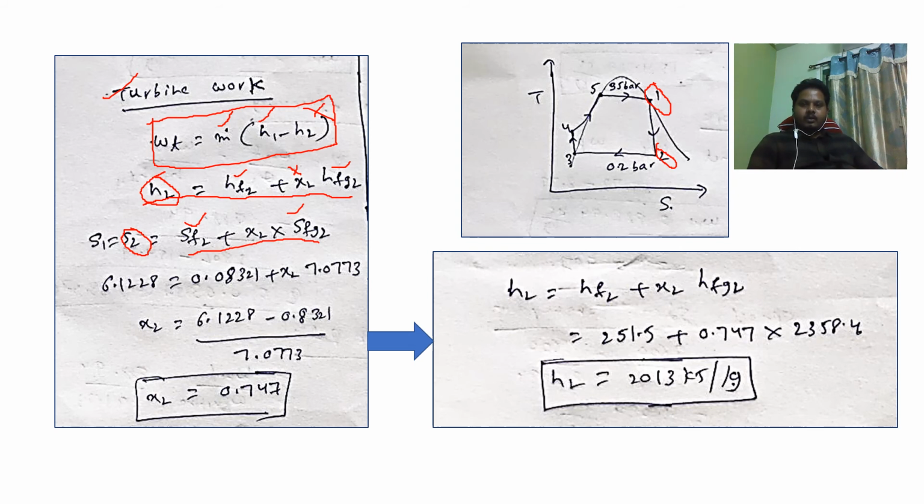So the entropies are constant, s1 equals s2. So we can write s1 equals sf2 plus x2 into sfg2.